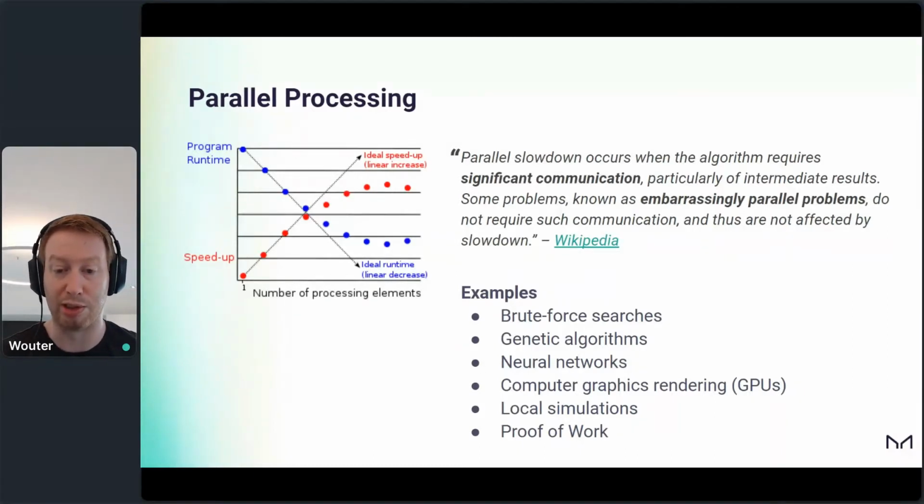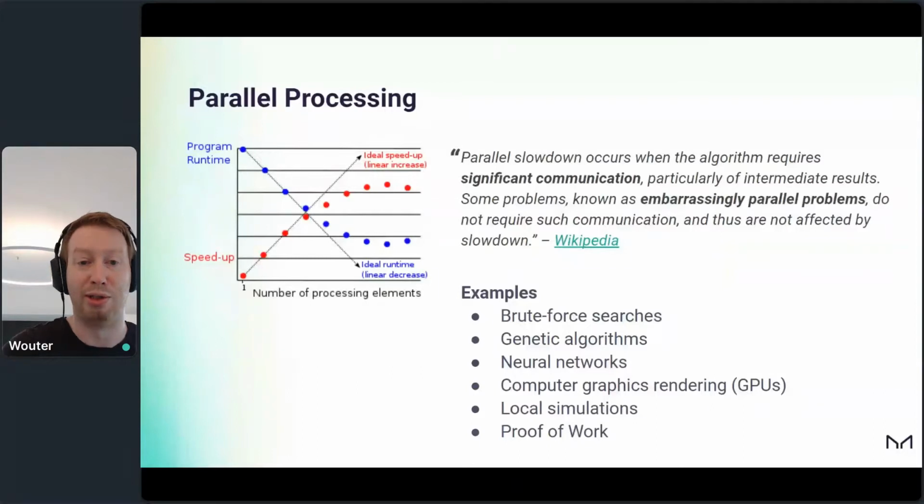So it's very local, and because it's local and because it doesn't communicate with the wider environment, it's easily parallelizable. And then, of course, from the blockchain world, proof of work is a very nice example of an algorithm that was designed from the start to be parallelizable.